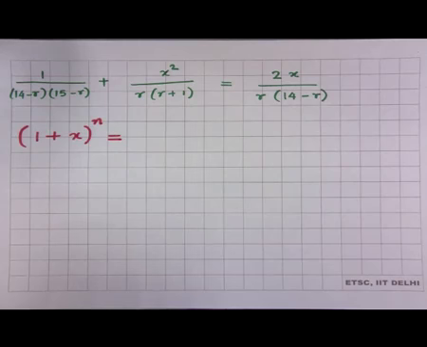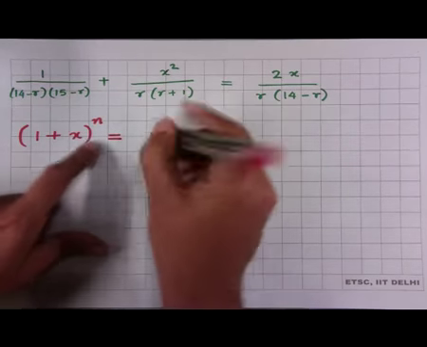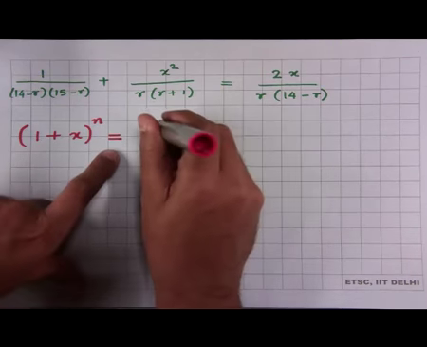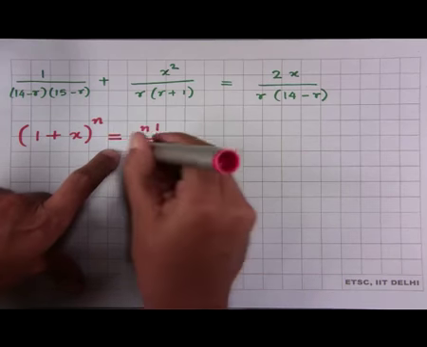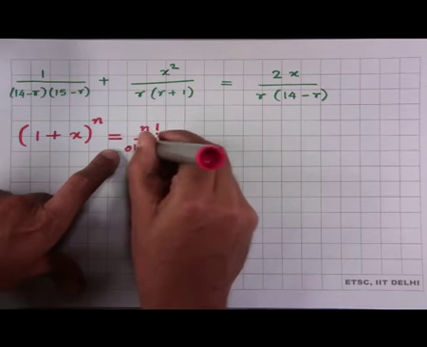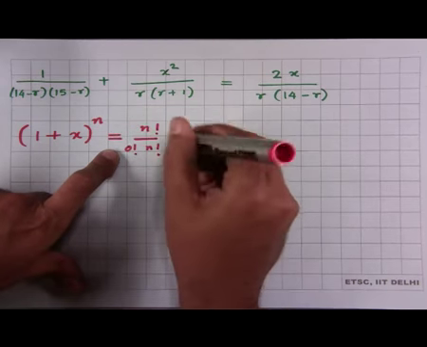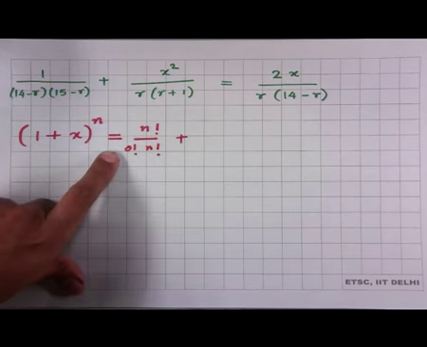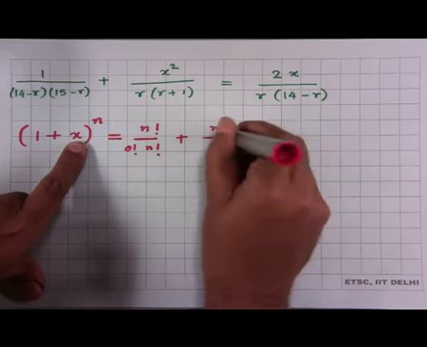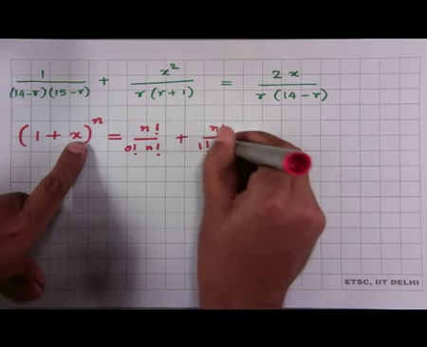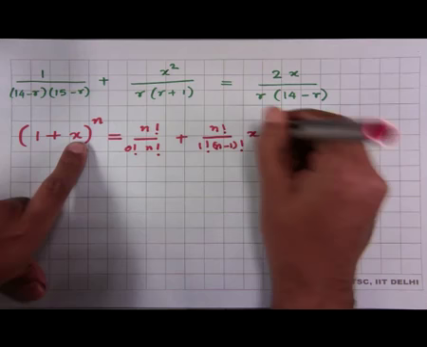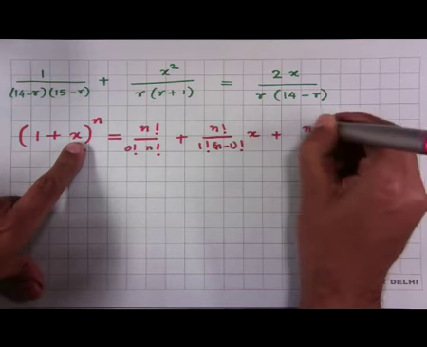Let us rewrite it, 1 plus x whole power n. So, this is going to be equal to n c 0, and what is n c 0? Factorial n by factorial 0 factorial n, plus n c 1 times x, which is factorial n by factorial 1 factorial n minus 1 times x, plus n c 2 times x squared.